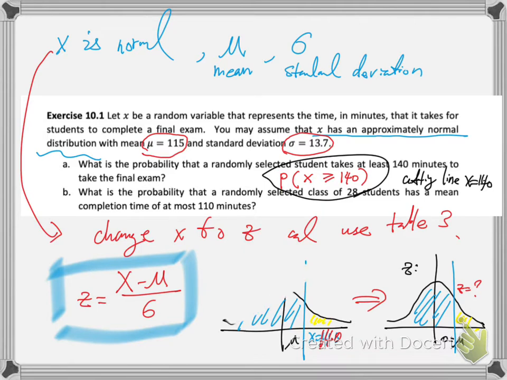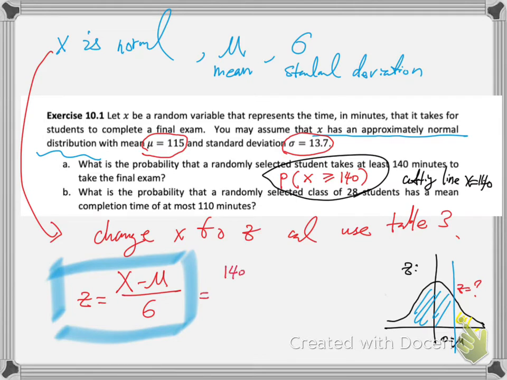Let's calculate it: X is 140, the cutting line, minus mu 115, divided by sigma 13.7. I will skip the calculator step. This is 1.82.